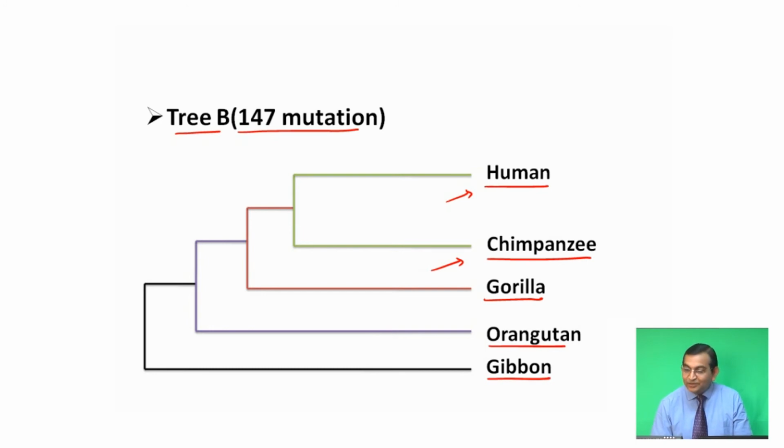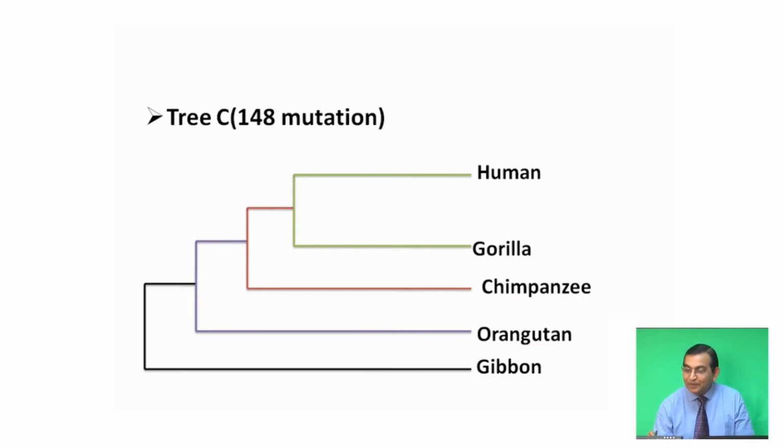In the last tree, tree C, which is based on 148 mutations, we find that human and gorilla are closely related, then chimpanzee, orangutan and gibbon.